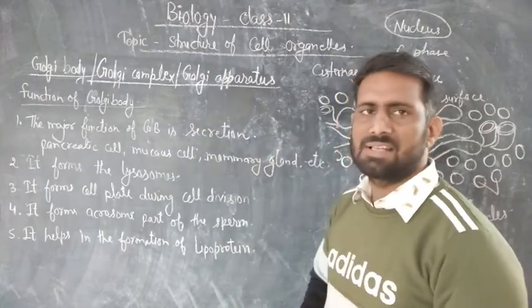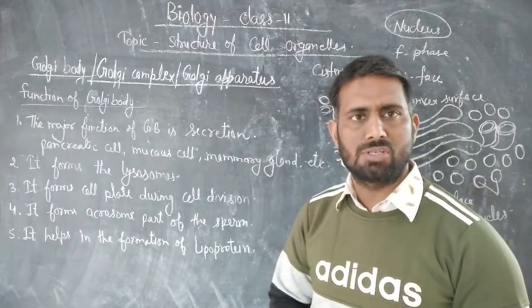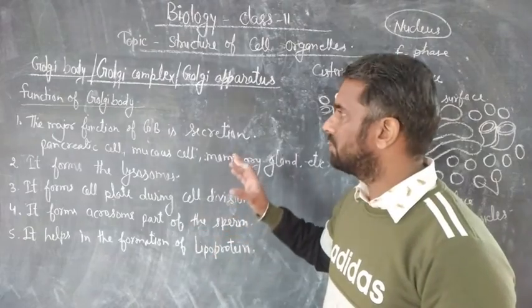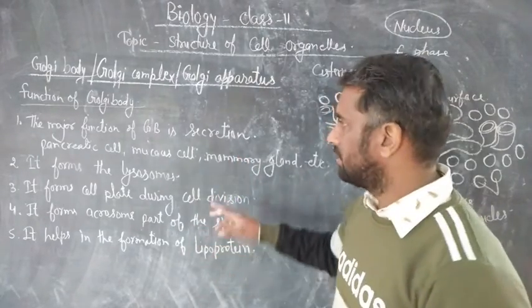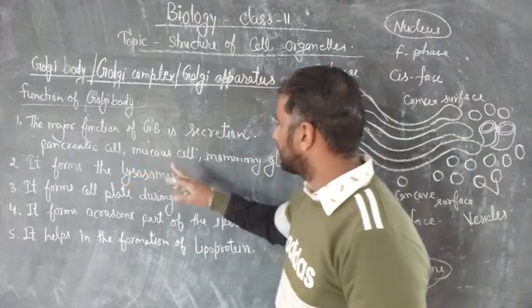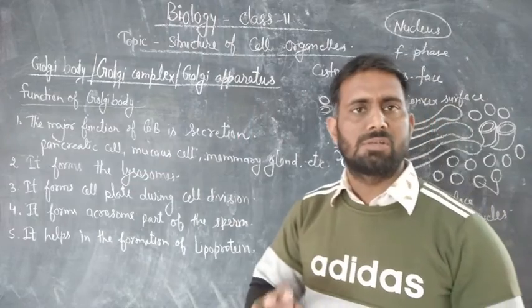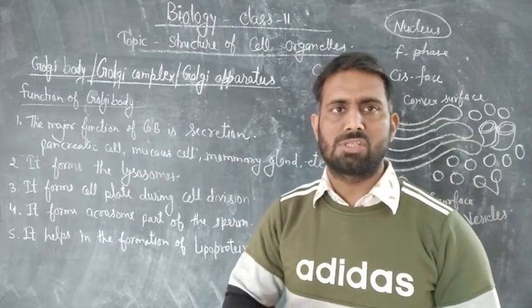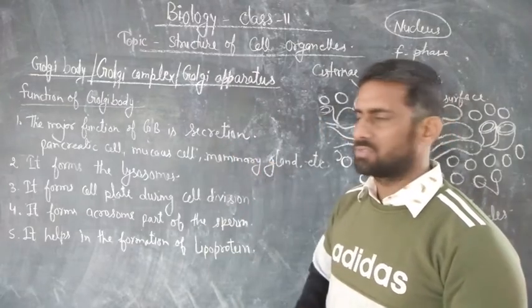The secretory cells, in which the Golgi body is found in rich amount, are such as pancreatic cells, mucous cells, mammary gland cells, and thyroid gland cells, because they are related to the secretion process.